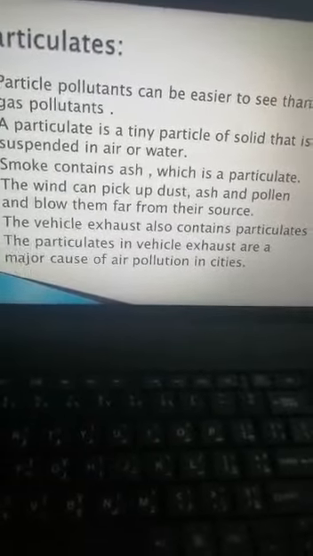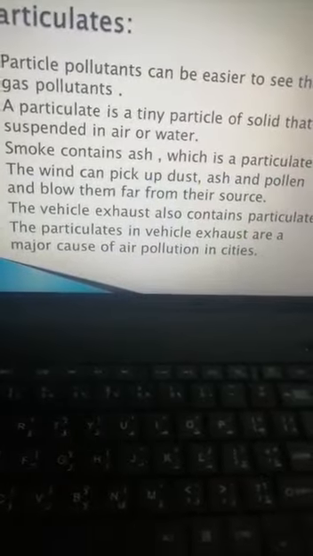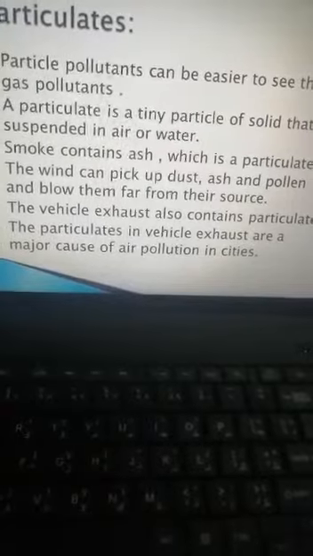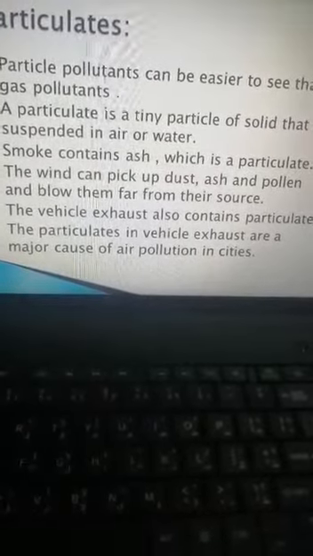So, gases like carbon dioxide, sulfur dioxide, nitrogen dioxide are a major source of air pollution, and vehicle exhaust is a major cause of air pollution.